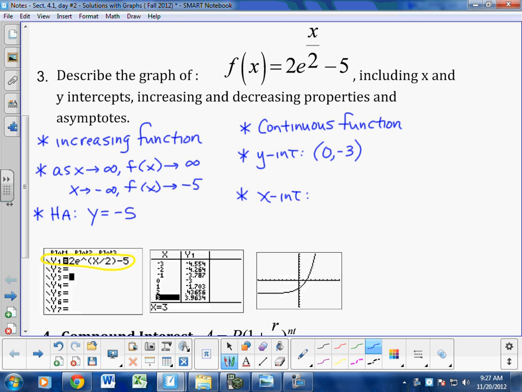And lastly, tell me what the x-intercept is. How are you going to find the point at which it crosses the x-axis? Calculate zero: left bound, right bound, guess. Somebody have the approximate root? Good, excellent, 1.83, comma 0.